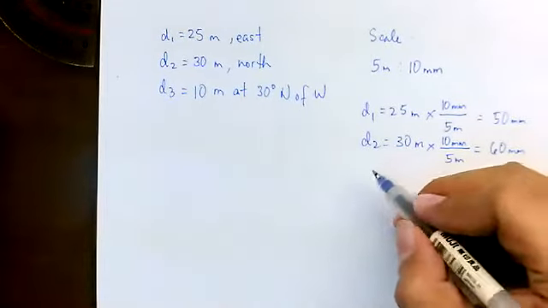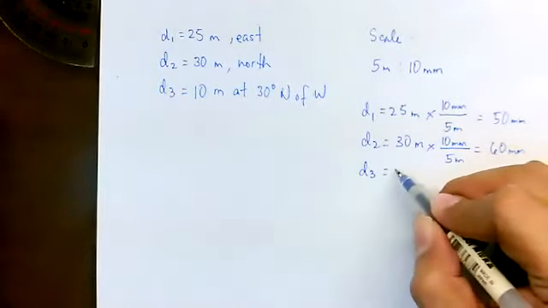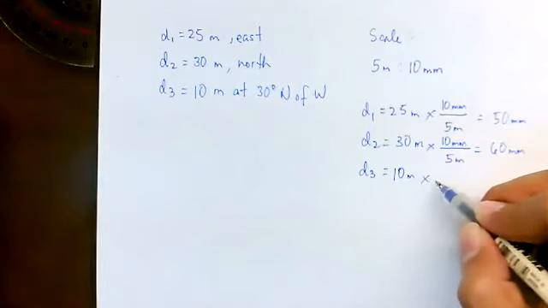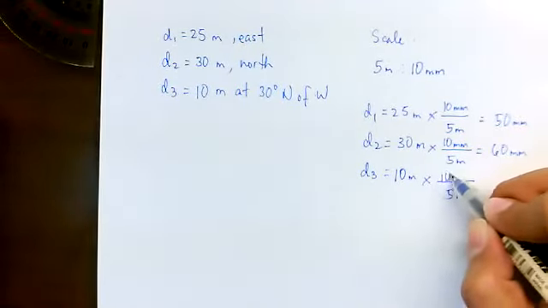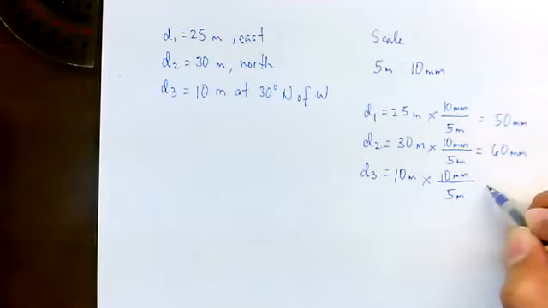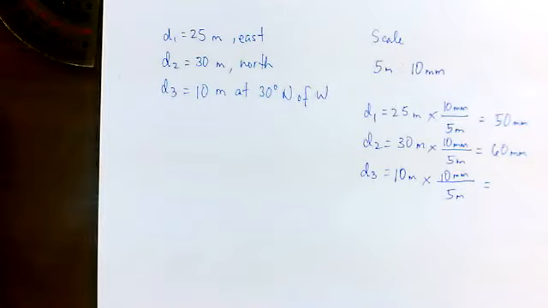And D3, which is 10 meters, will give us 20 millimeters.